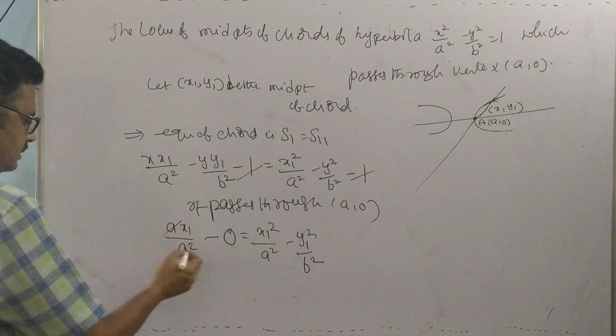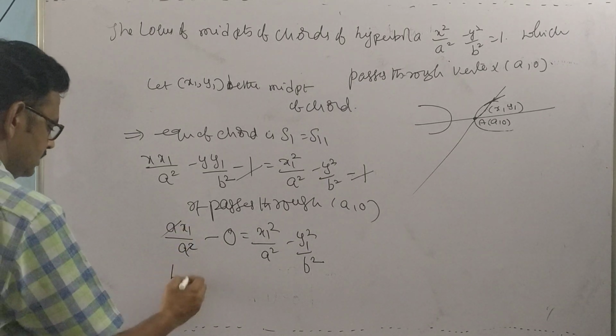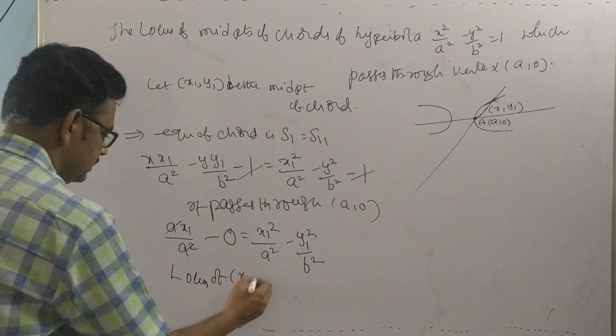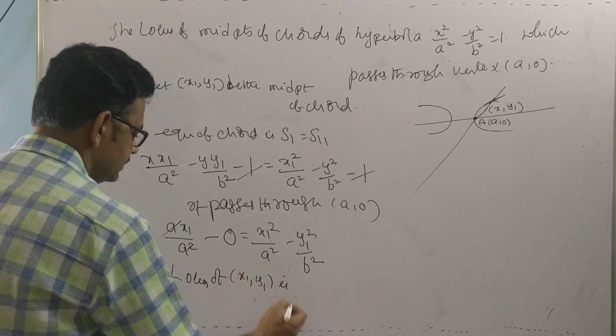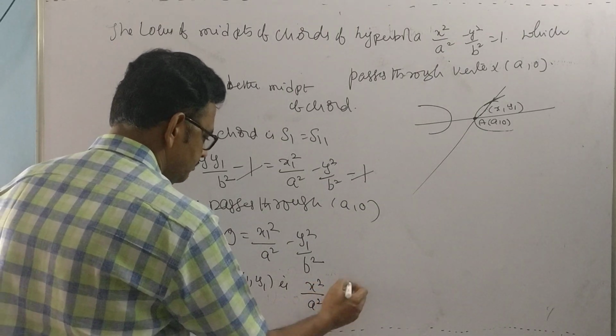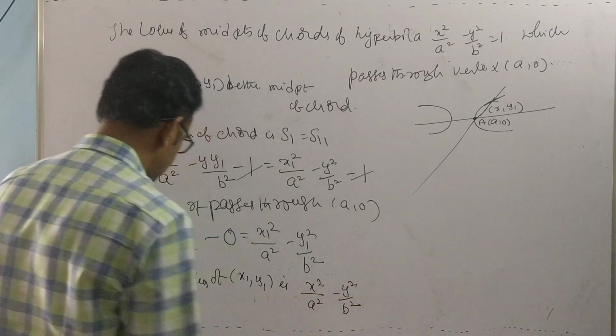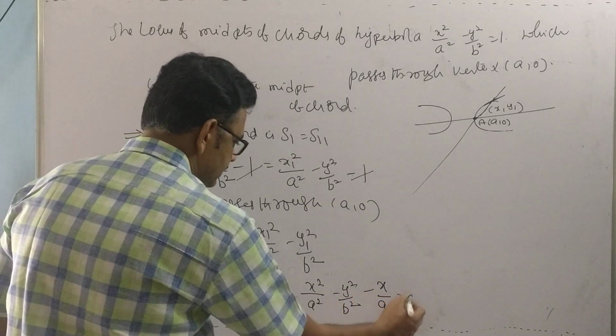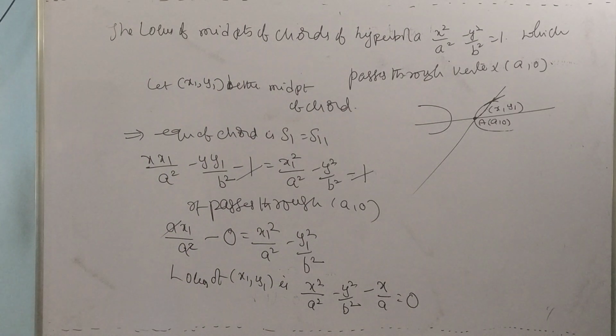So this is a cancel. Therefore, the locus of (x1, y1) is x²/a² - y²/b² - x/a = 0.